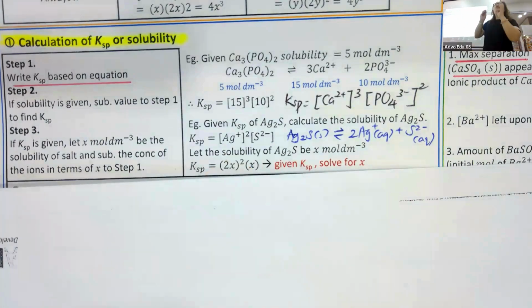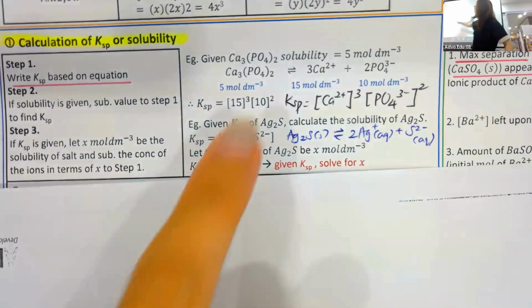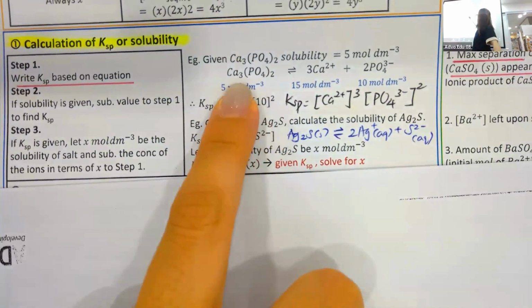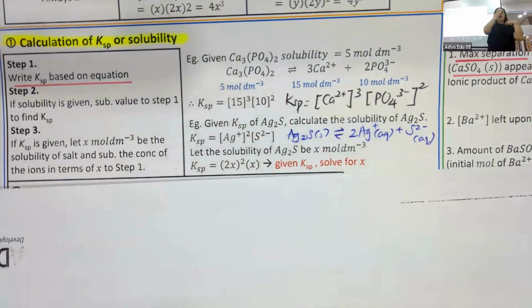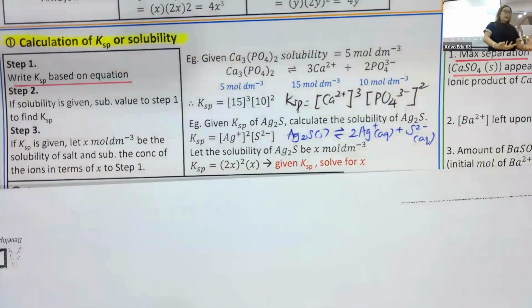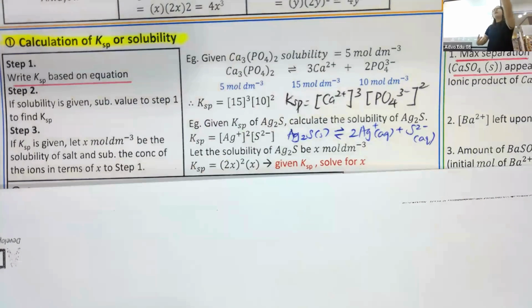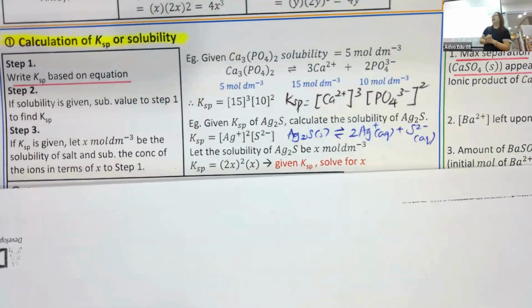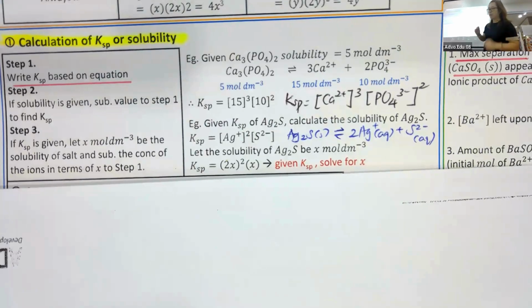But in this case, don't include reactants, because if you look at this equation here, this is solid, so we have a heterogeneous equilibrium, and based on what we learned from chemical equilibrium, if we have a mixture of state symbols, we do not need to include solid as well as H2O. All right, so let's move on.